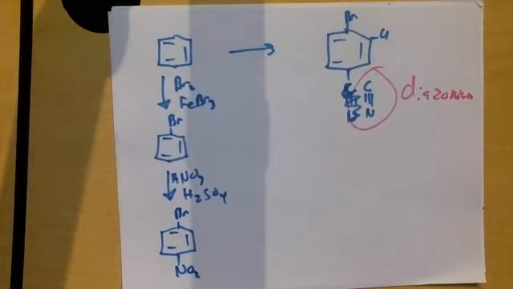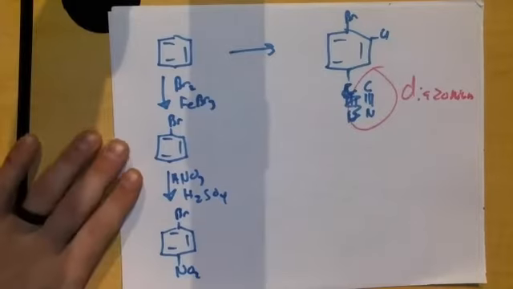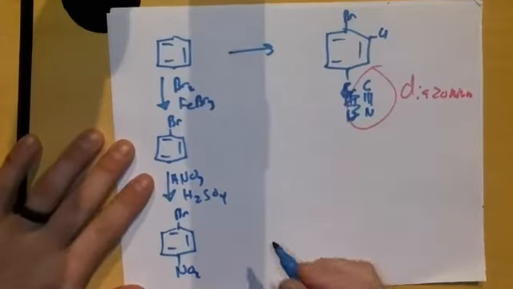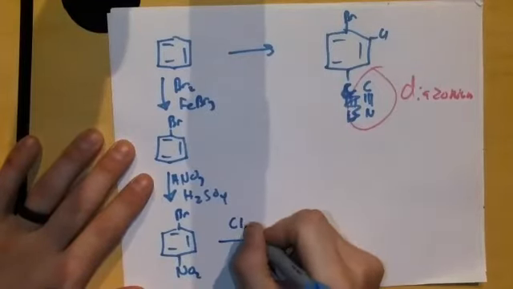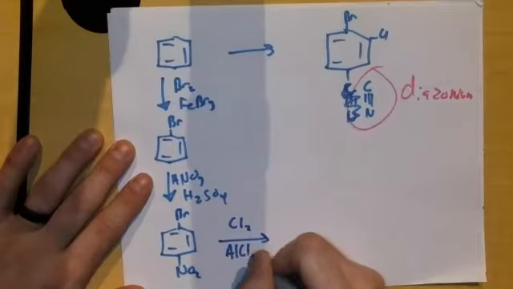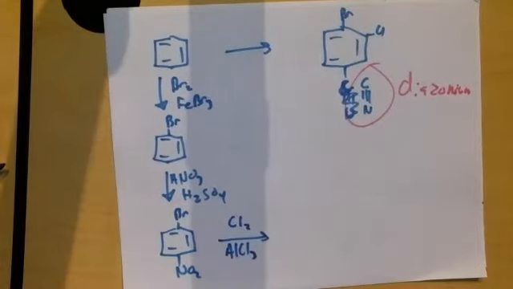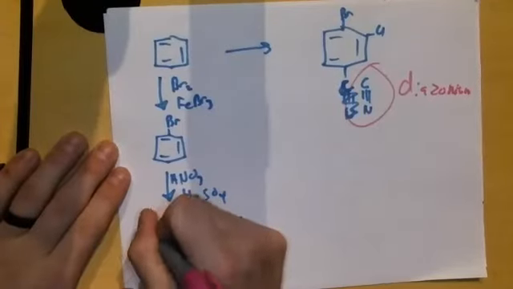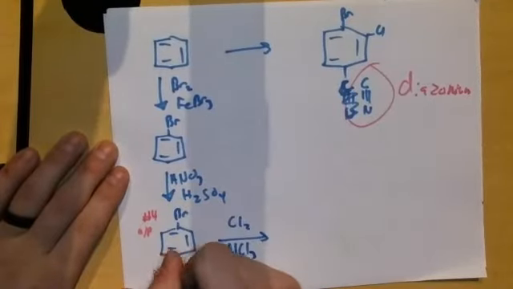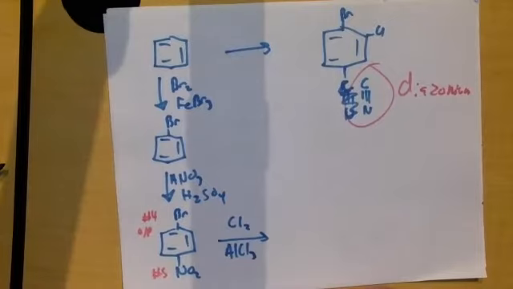From this point, you're going to want to chlorinate and then reduce. And I'll talk about why in a second. So if I throw in Cl2, AlCl3, my Br is a group 4, an ortho-para versus this NO2, which is a group 5, maybe group 6.